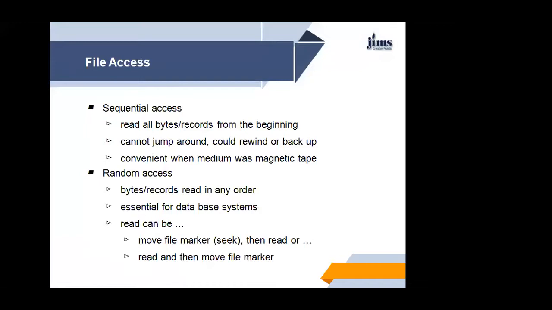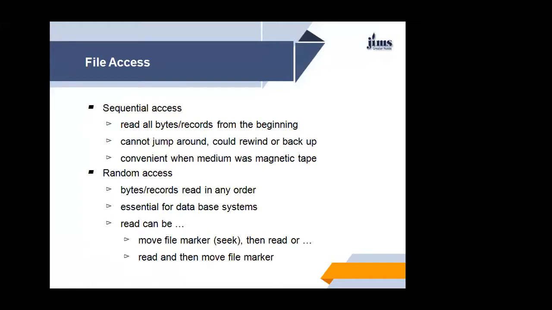Sequential access means that sequentially you are writing and reading all bytes or records from the beginning. Sequential access is based on a tape model of a file and works well on sequential access devices, as it does not on random access ones. Now the second is random access. In random access, bytes or records can be read in any order.